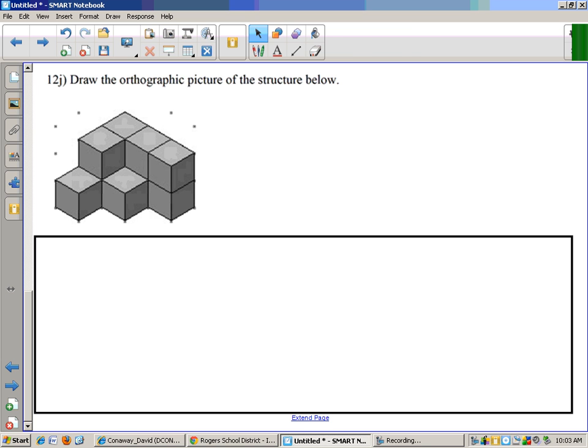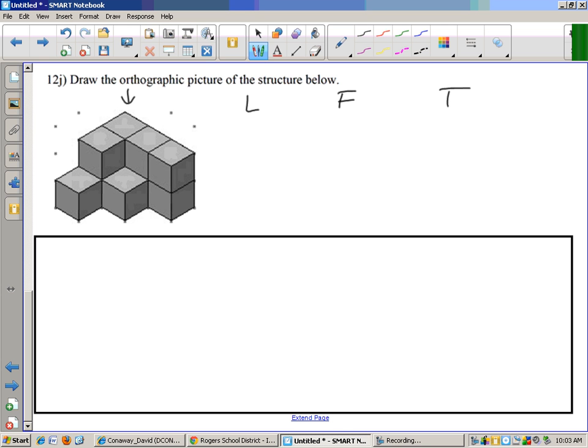Now, you guys remember this one? We learned it first way back in 8th grade, doing the pictures from each side. So you remember the left view, the front view, and the top view? If I look from the top, we'll do the top first. What shape do I see from the top?